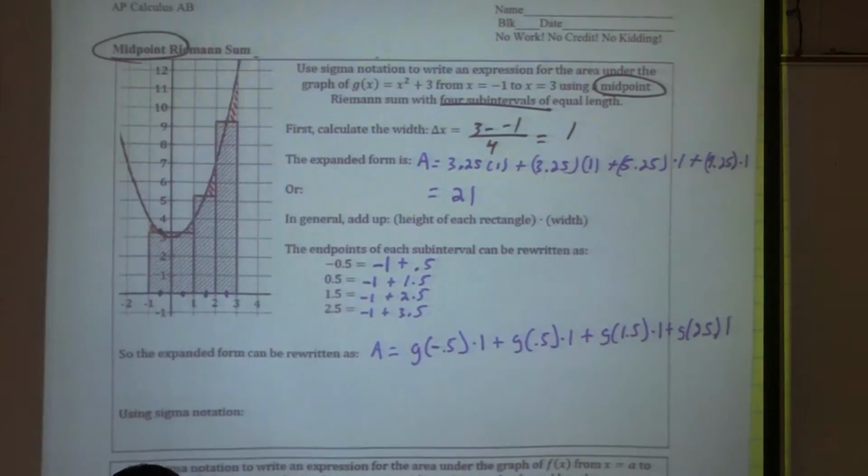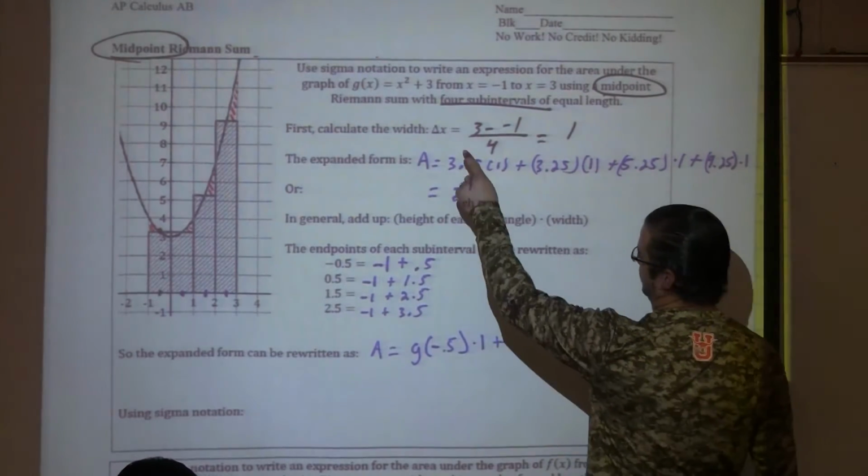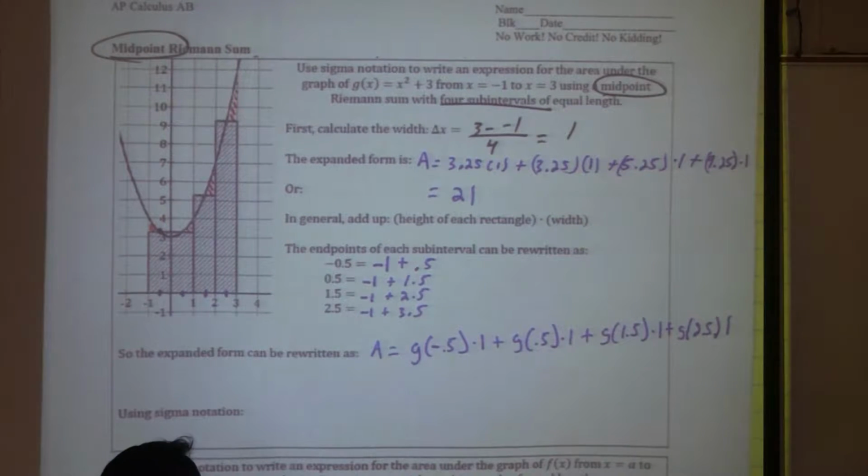A g of negative 0.5 matches with this 3.25, right? Do you understand? Do you think we could write the formula for the area of any rectangle?